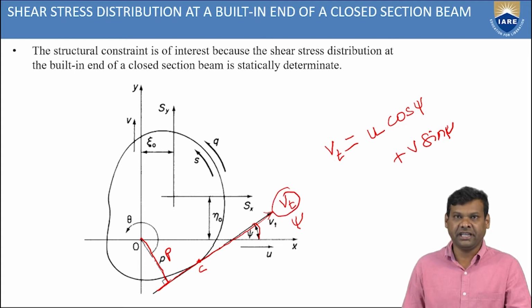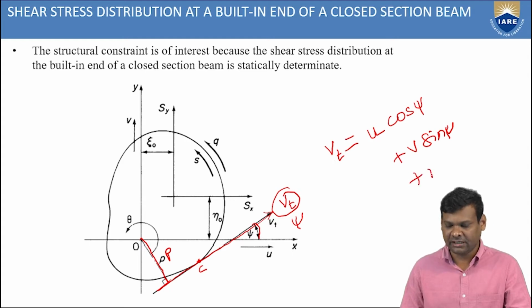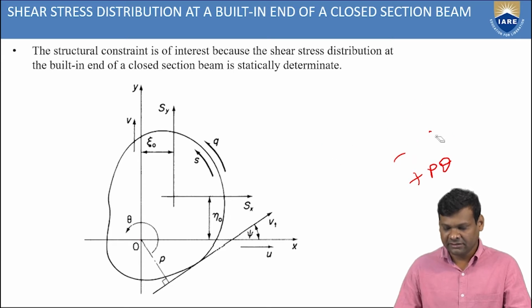When you incorporate a rotational motion, then it becomes P of theta. This is about the displacement associated with the closed section beam.